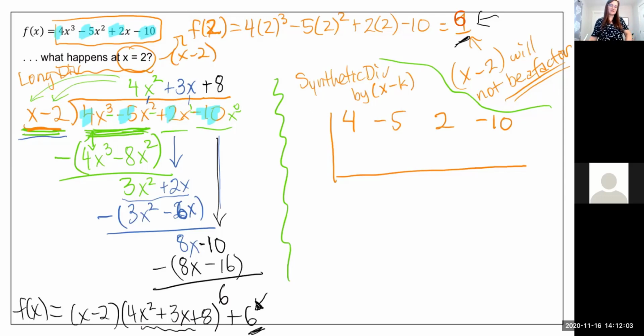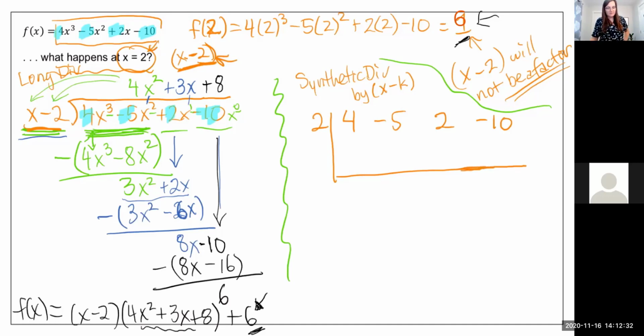So if I was dividing by x plus 5, the number here would be negative 5. If I'm dividing by x minus 2, the number here is going to be a positive 2. So it's opposite to this number, but it's the same as this number. That always gets a little confusing, but once you get it, then you can proceed with it.